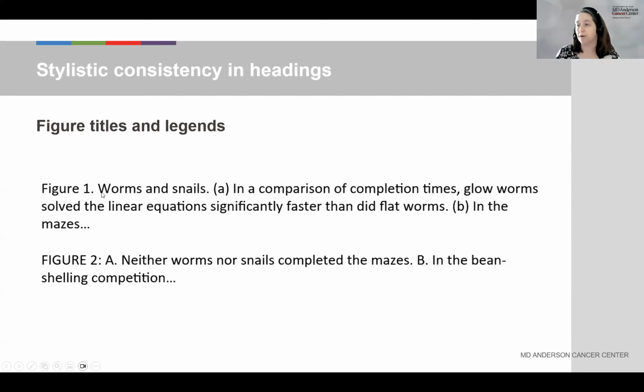So in the example here, this first one's a very brief title, but if you can see, oh, okay, we're talking about results of these experiments, that's probably going to go with what's in subsection 1 in the results, and it's easier for a reader to follow along. And here also, the letter parts are inconsistent between the two, and just like I was saying a minute ago, there's a lot of different ways to do it. Pick one. That's all we're saying here.